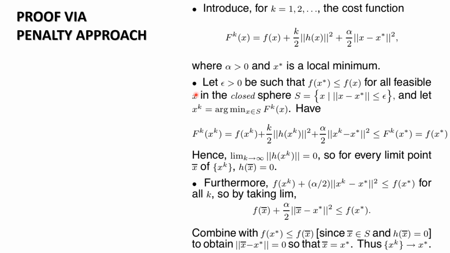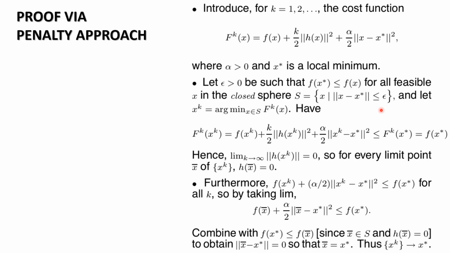So let epsilon be more than 0, and we will consider the feasible set and the minimizer of the penalized problem. Define a closed ball around x star, S, as the set of x such that the distance to x star is less than or equal to a very small epsilon.